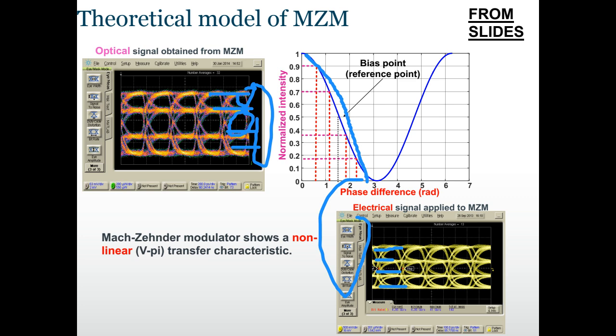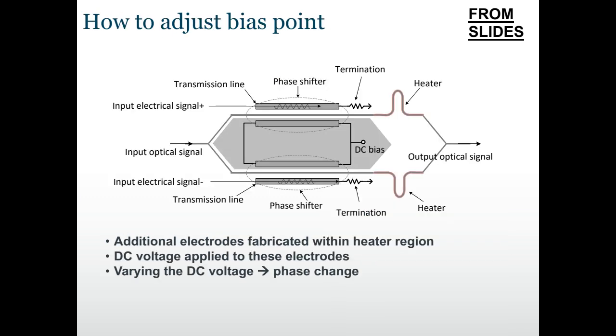So what we normally need to do is adjust the bias and also adjust the amplitude so that we only use a small region that is considered linear. So the third level is that we apply heaters on both arms so that we create bias.